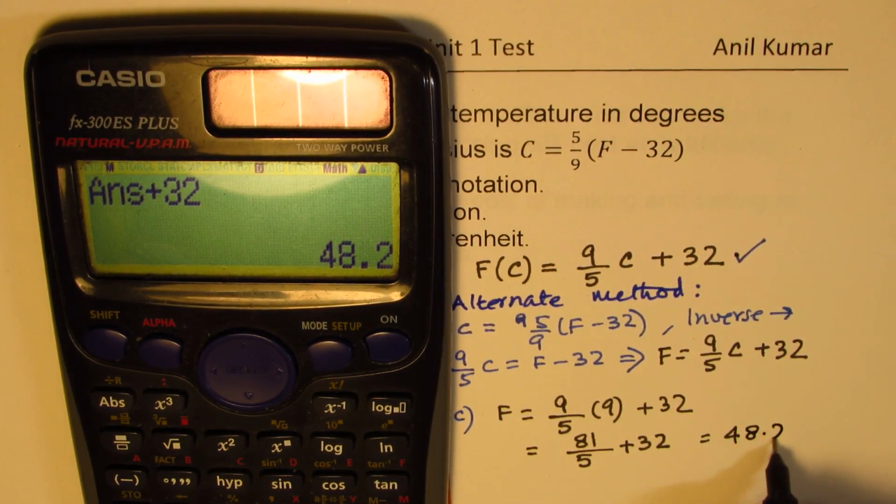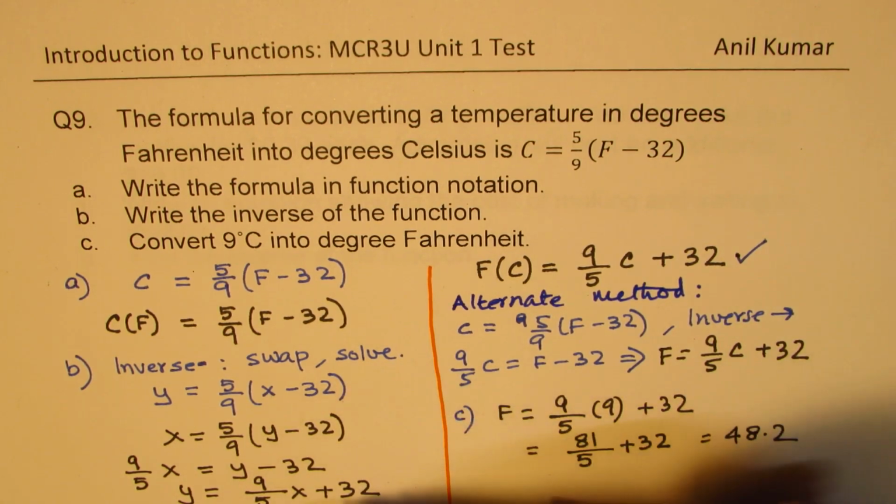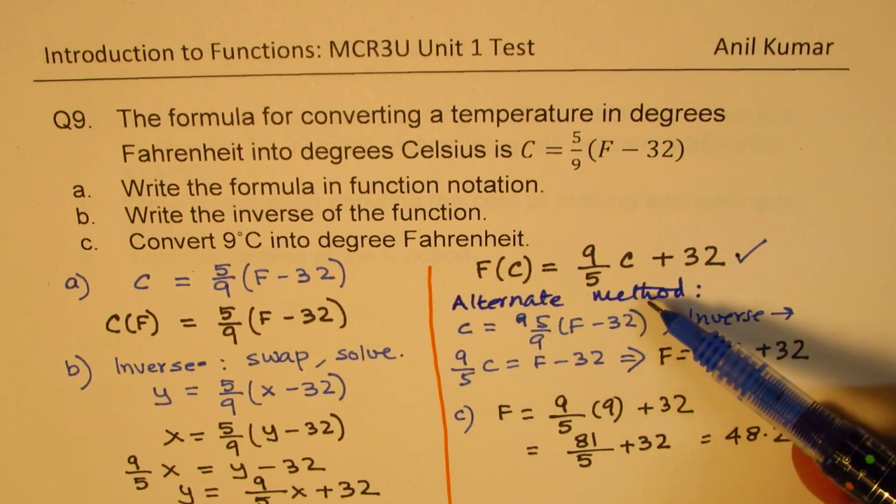Clear? So that is how you could do it. If the calculator is not allowed, then this is not a difficult calculation at all. I hope you have understood how to find the inverse when we are working on an application question. This is a preferred method, but the other can be done as an alternate method.